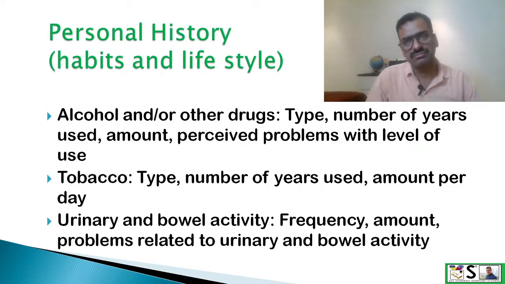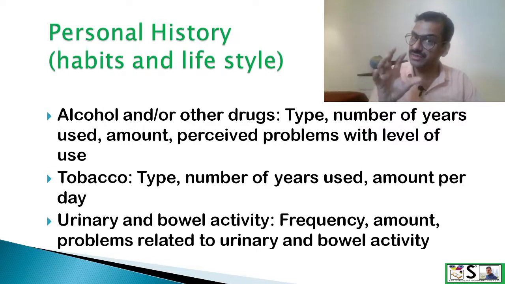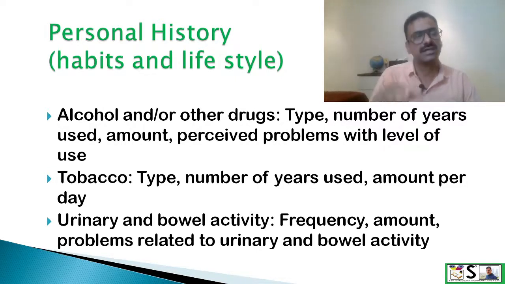Then we ask for some habits like alcoholism or other drugs. If they are present, then number of years, amount, and perceived problem, that is, whether the client is able to understand that this is the problem or not.